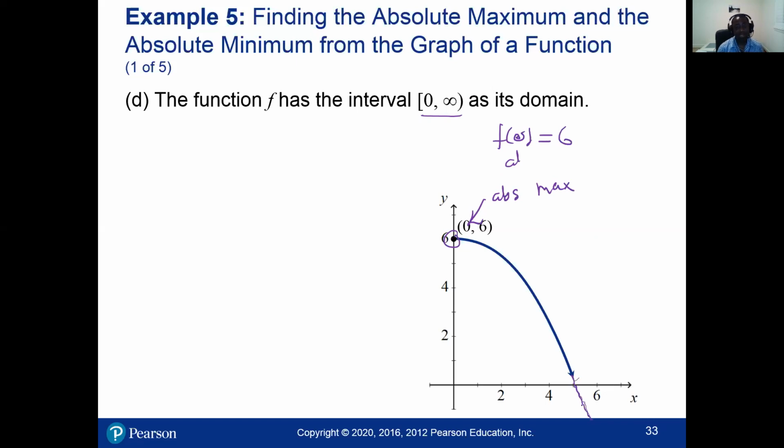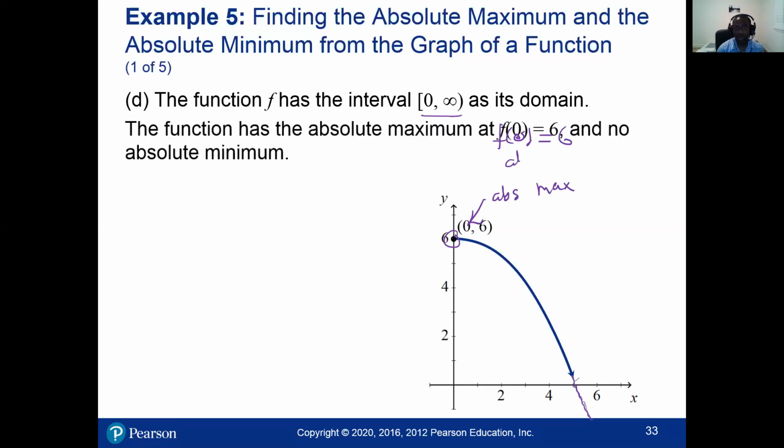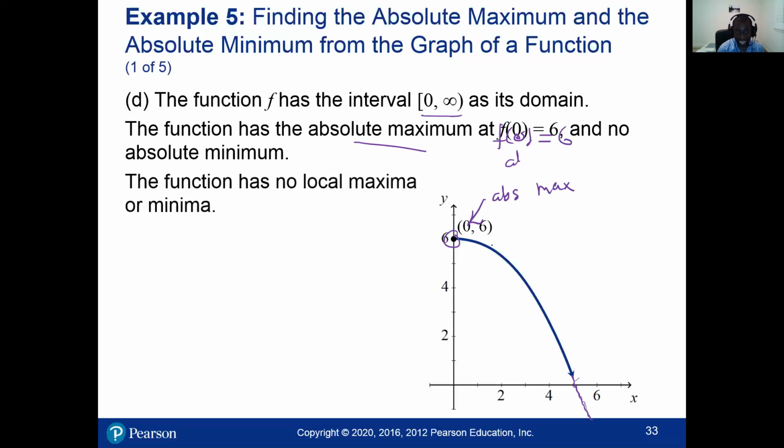So we don't know the lowest or the smallest value of the function. So in this case, the function has an absolute maximum value and has no absolute minimum. Again, it has no local maximum or minimum values.